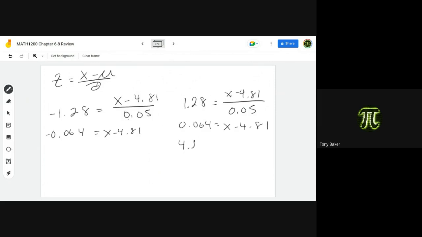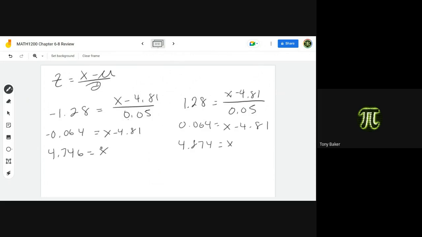So we get 4.874. Jackson, you took the negative 1.28 times the 0.05. Oh yeah, I see that now. Thank you. You're welcome. And this side comes out to be 4.746.